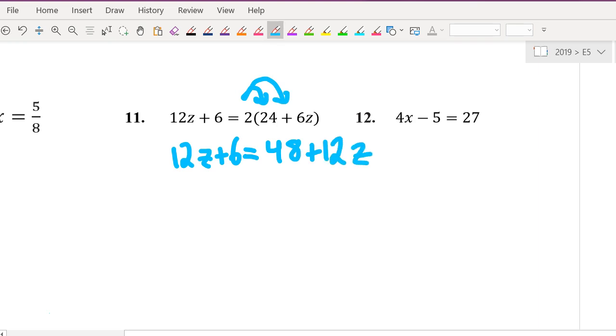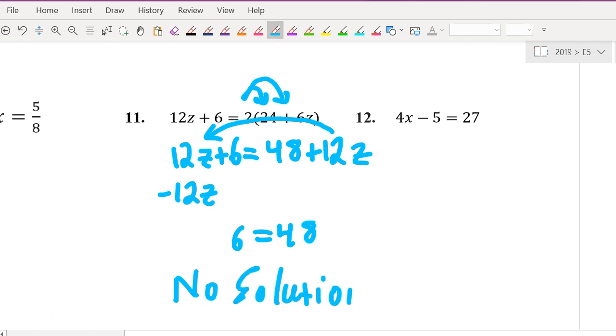Okay, good. And then you have to do your yard, my yard. Okay, negative 12 on both sides. Right. And that makes 6 equals 48, which is super not cool. So what do we say for that? No solution. No solution.